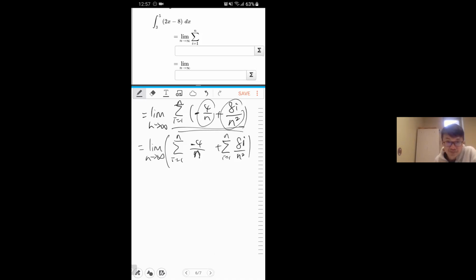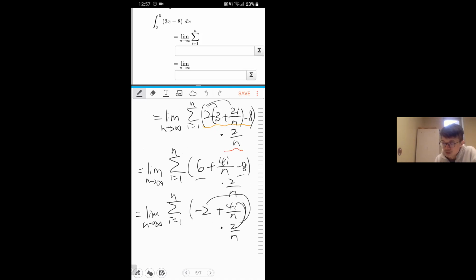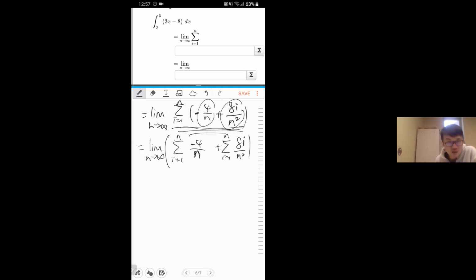Is it okay? That was the first. Well, you can put this into your first, or you can put this. Whichever one you like. It doesn't matter. Anyway, so I'm working on the second one. We're not done yet. Is it okay? This step. All right, so you have two summations.